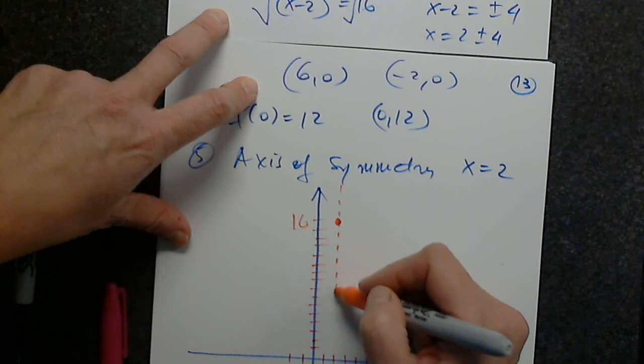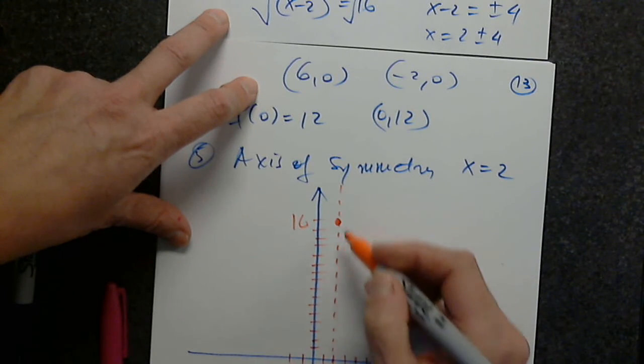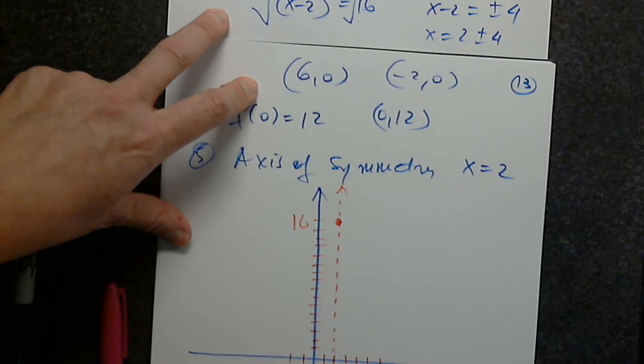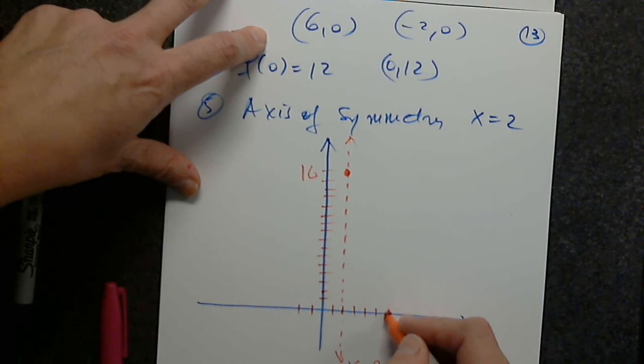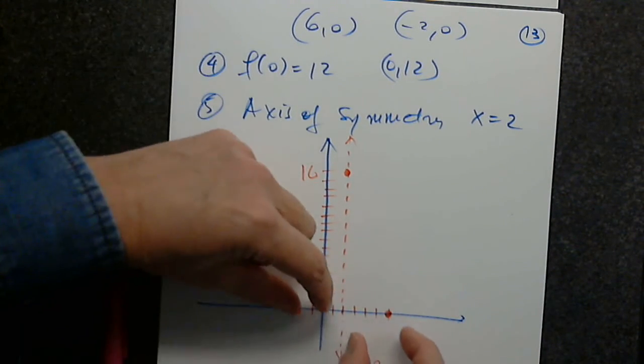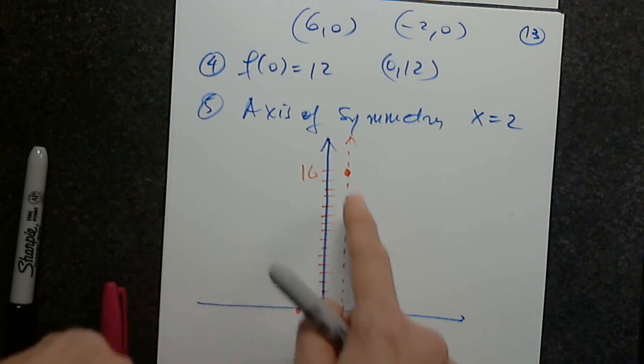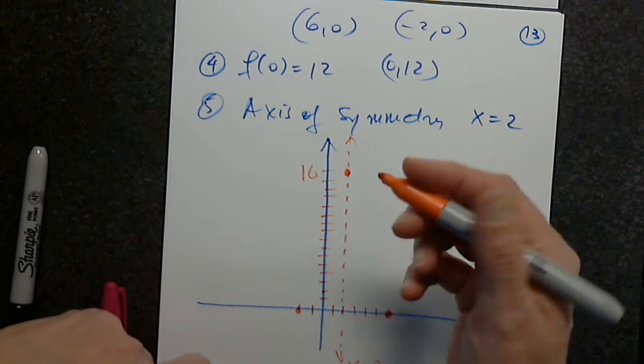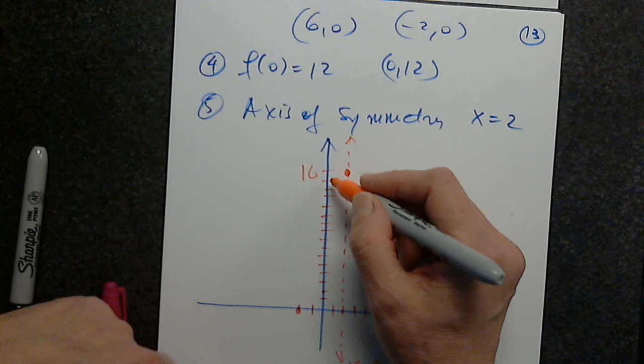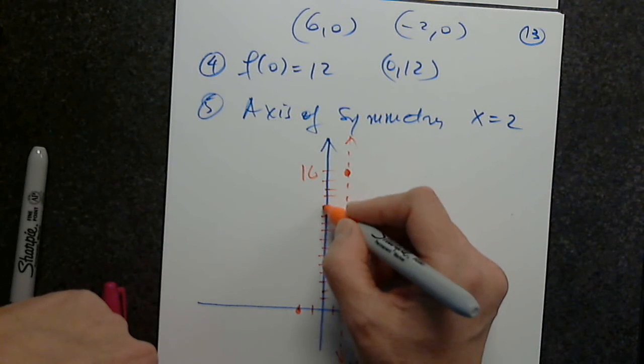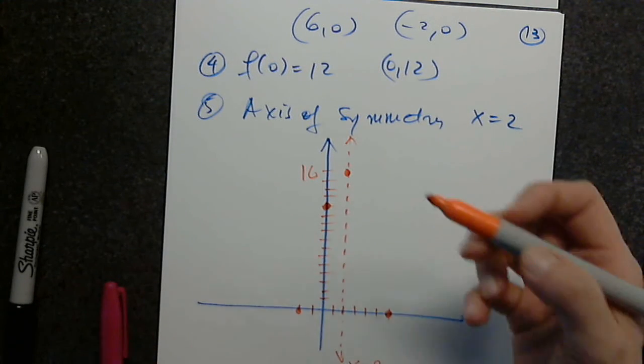And here's the vertical, this is the axis of symmetry. These are the x-intercepts. And they have to be at an equal distance from the axis of symmetry. And 0, 12. So here's the graph.